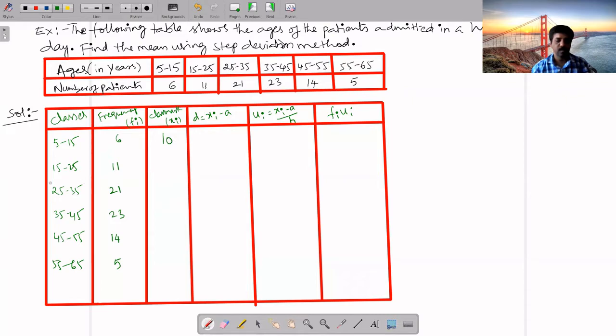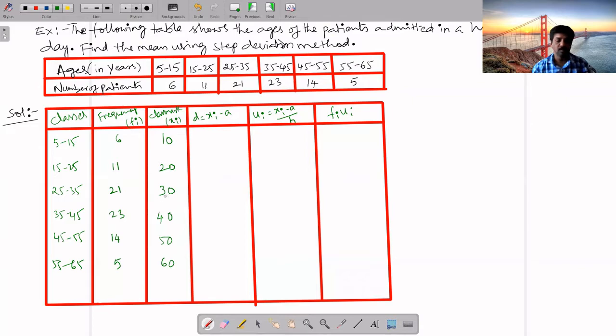Next 15 plus 25 by 2, 40 by 2 will give you 20. The next ones are 30, 40, 50, 60. So these are the class marks or mid values.